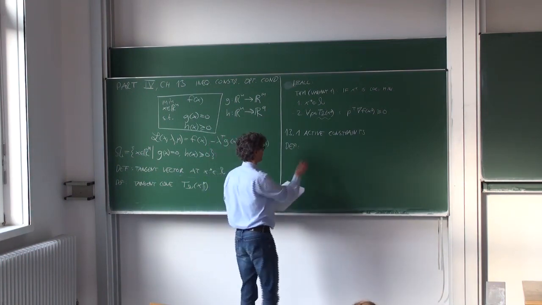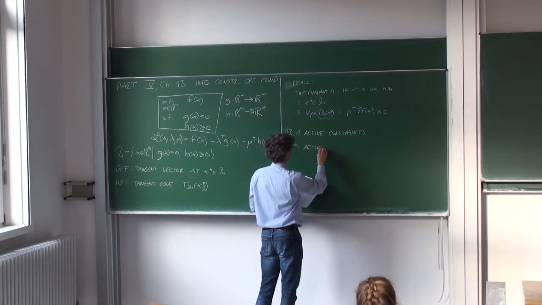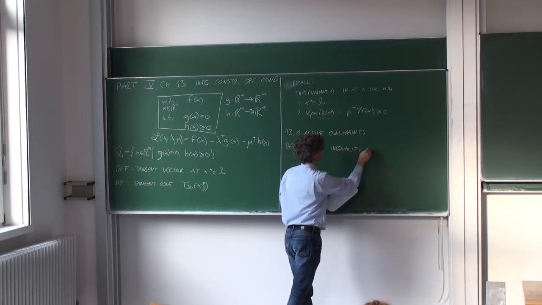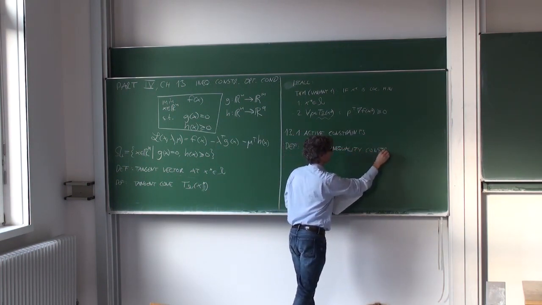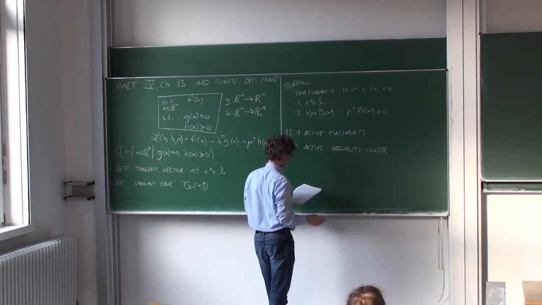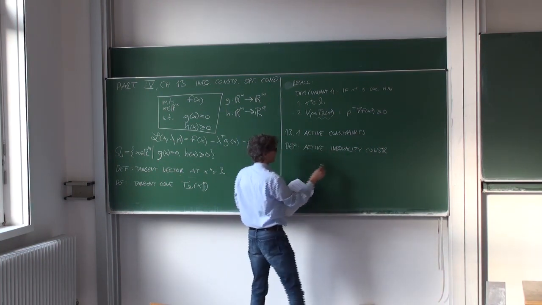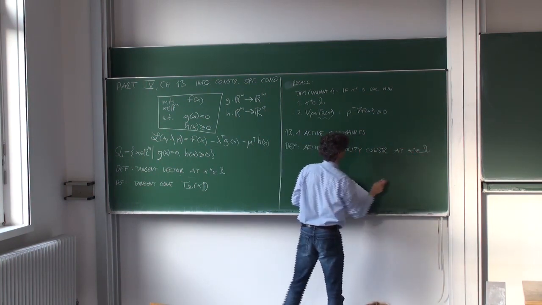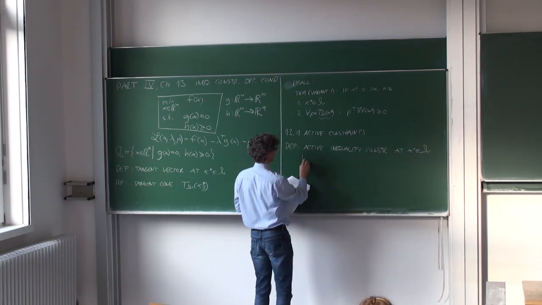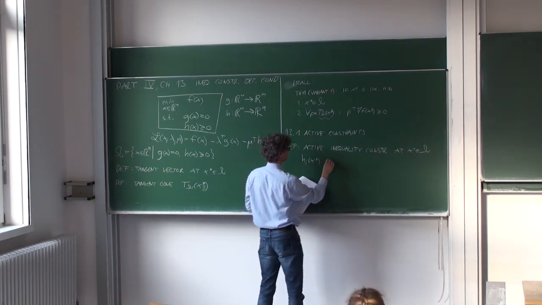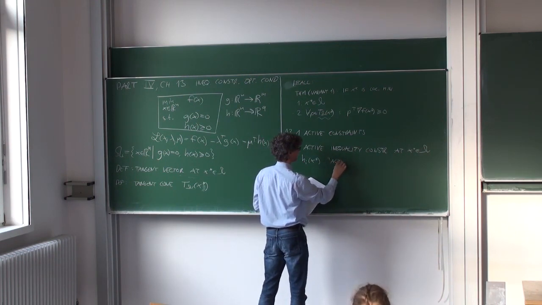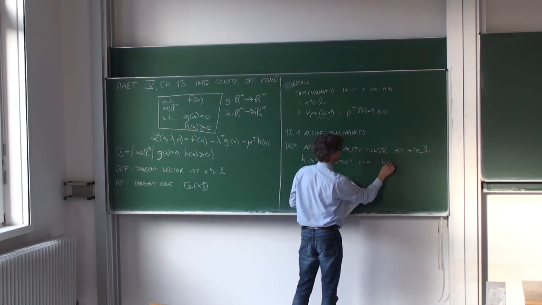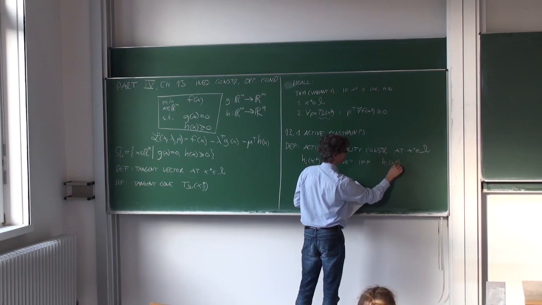So what do we call an active inequality constraint? At a point x star, which is a feasible point, we say that h_i of x star is active if and only if h_i at x star is equal to 0.